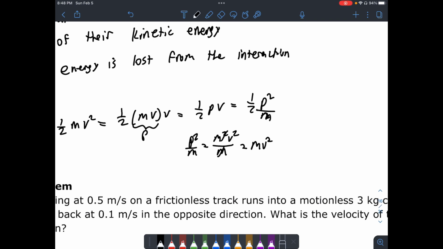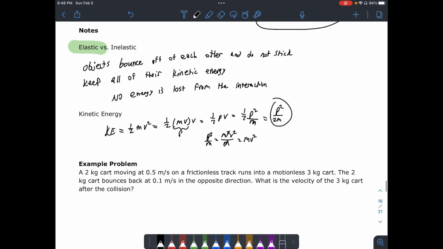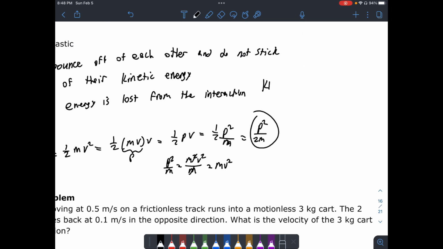It's all the same. So kinetic energy can also be rewritten as our momentum squared over 2 times the mass. It's kind of fun. Right, and up here, our kinetic energy is equal both before and after.